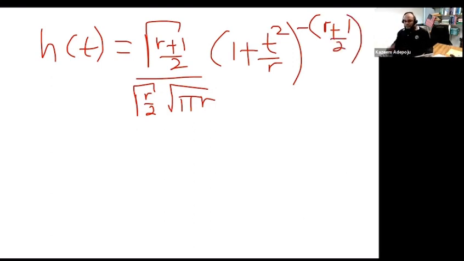Now, what we have here is what we call the T distribution. This is the statistical architecture of that, which we call the probability density function of the T distribution. When you have this, the range of T is from negative infinity to positive infinity.